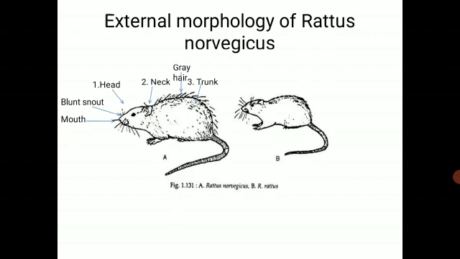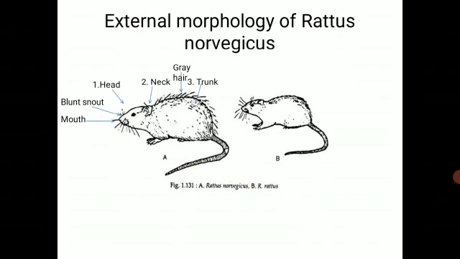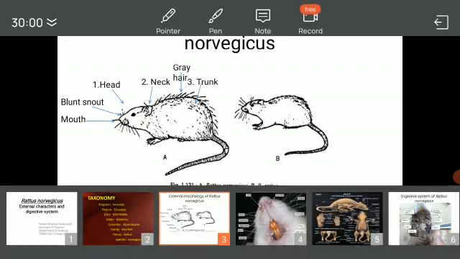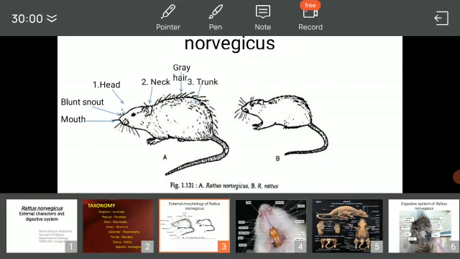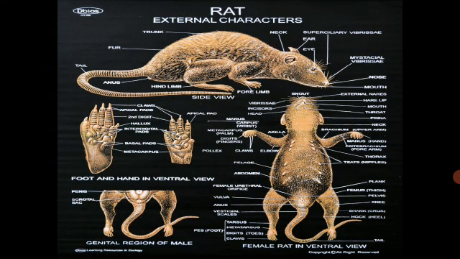The mouth is present exactly towards the tip of the snout. So here you are able to observe the blunt snout and the terminal mouth.